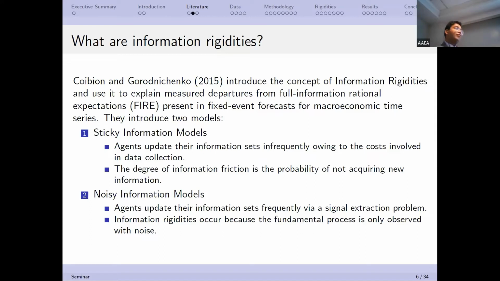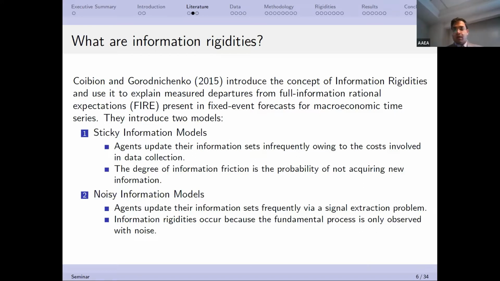In the sticky information model, information rigidity occurs because agents update the information set, but they do not update it regularly. Why they do not update it regularly is because the costs of acquiring information are too high, so they're not able to get access to the latest information to update their forecasts. That delay in updating the information sets results in information frictions.